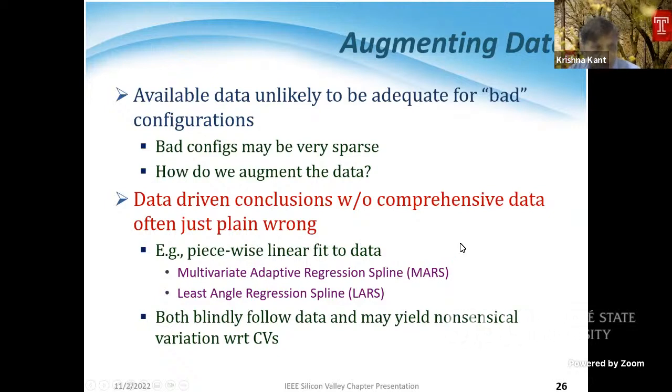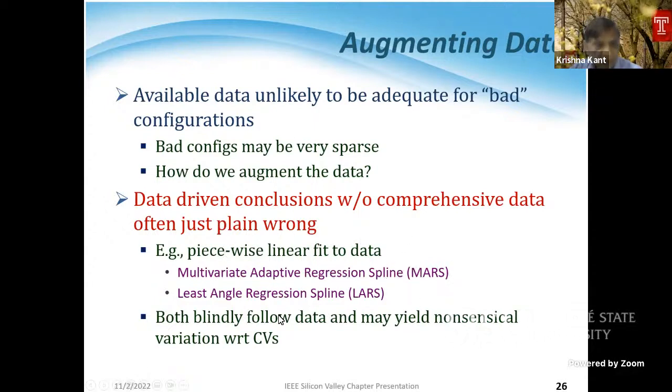For example, if we try to do the piecewise linear fit, which is a very popular thing to do, and there are two different algorithms which can do that, they take this multidimensional data and try to fit linear regression, but in steps, so that you could have a line which has a small slope for a while, then a larger slope, and so on.